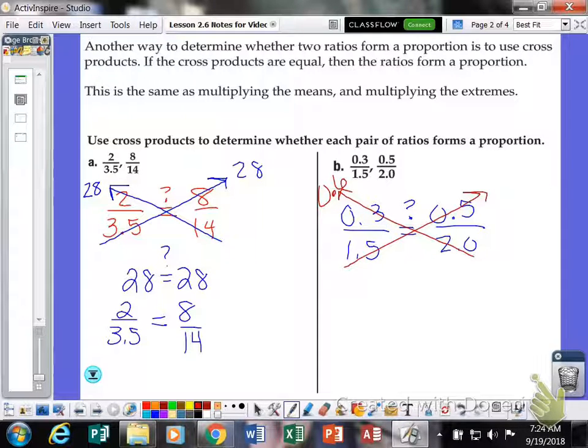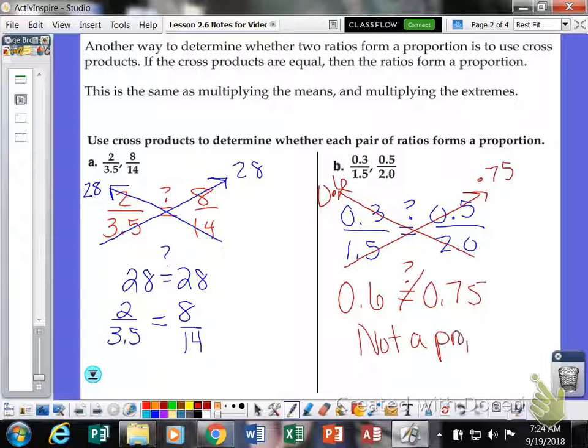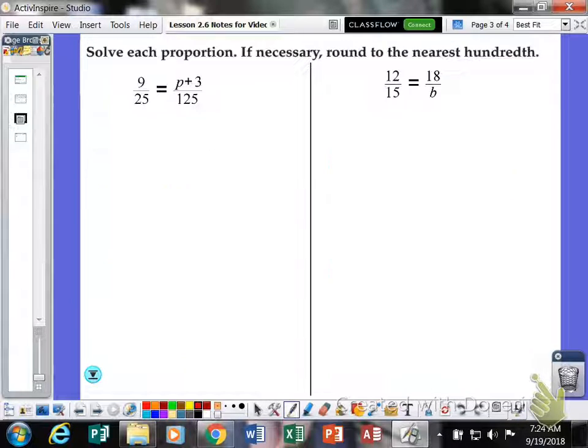So 1.5 times 0.5 and I get 0.75. Does 0.6 equal 0.75? It does not. So not a proportion. So we just use cross products there to determine whether each pair forms a proportion or not.